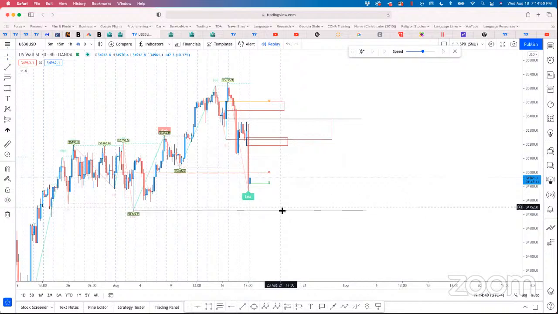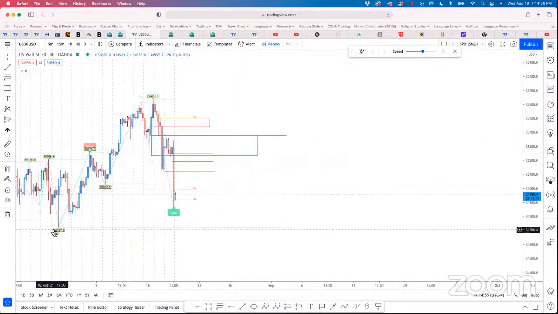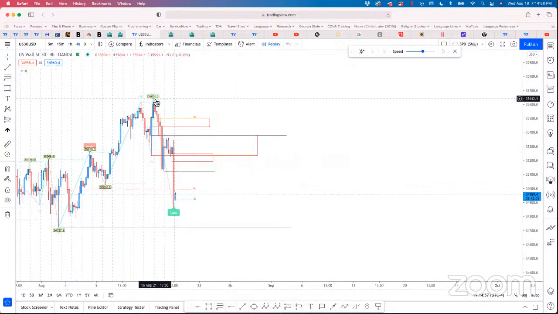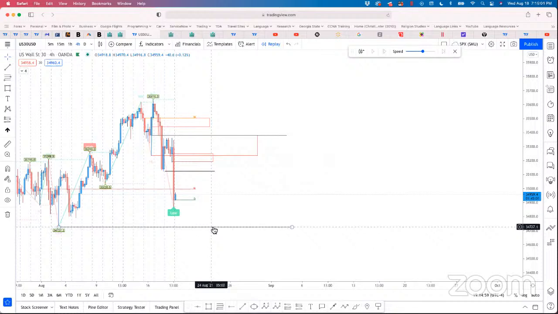Because this area, in between this low and this high, is the last hope for a buy.